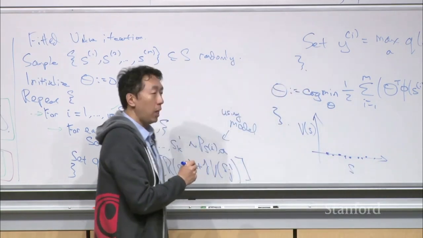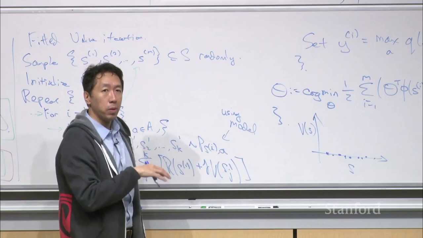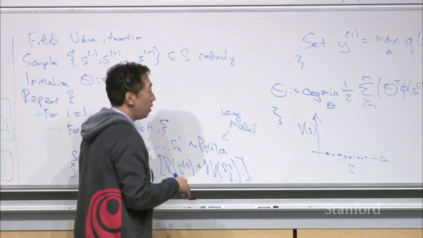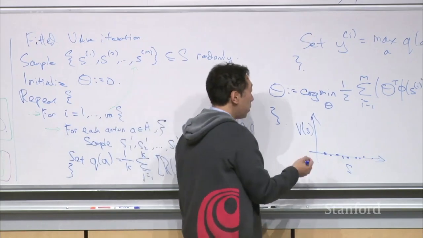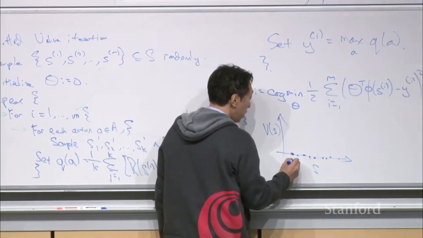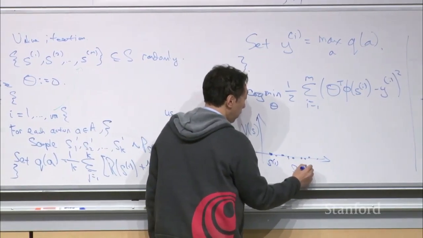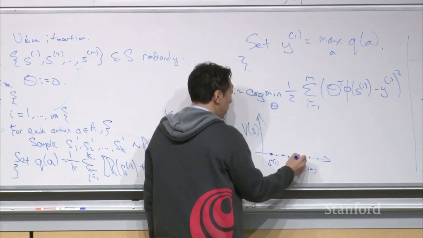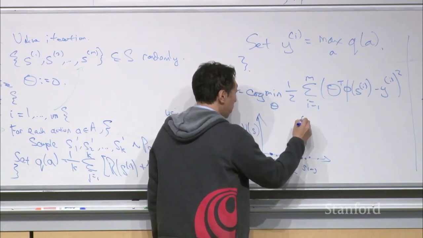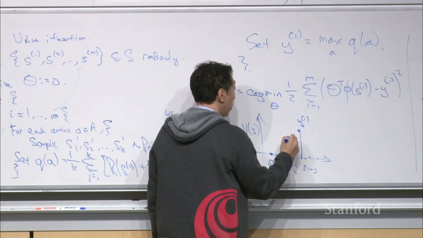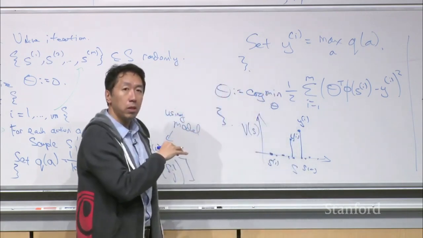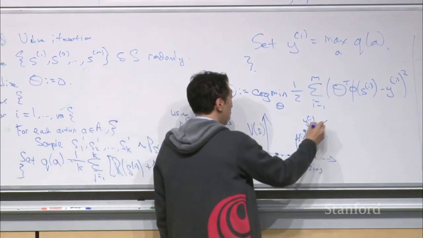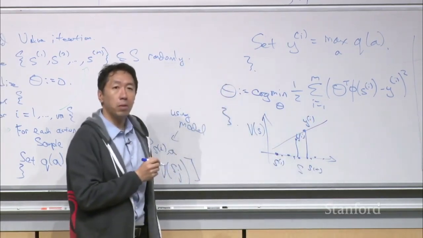And that M is the number of points you choose on the x-axis, and then in each iteration of value iteration, we're going to go through this procedure. So you have S1 up to Sm, right? And then for each of these, you're going to compute some value yi using this procedure, and then you fit a straight line to this sample of yi's.